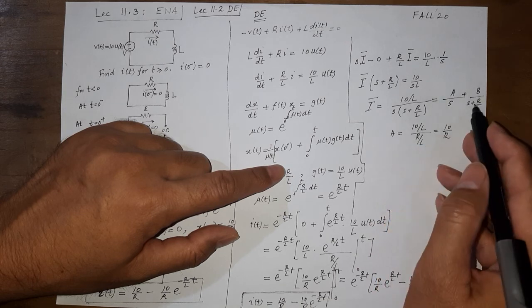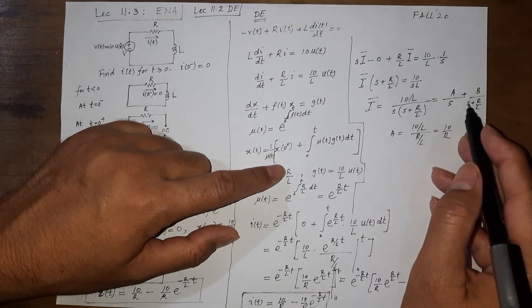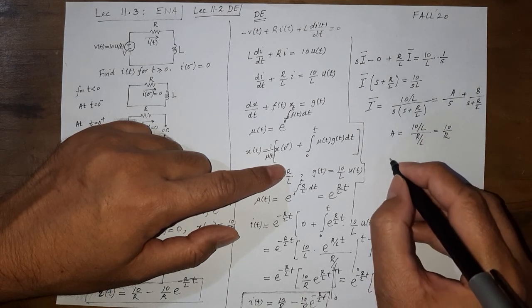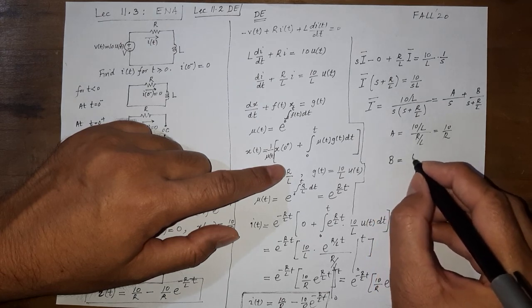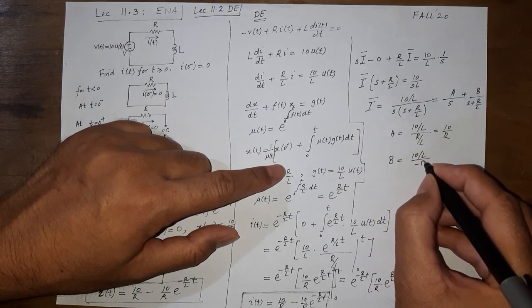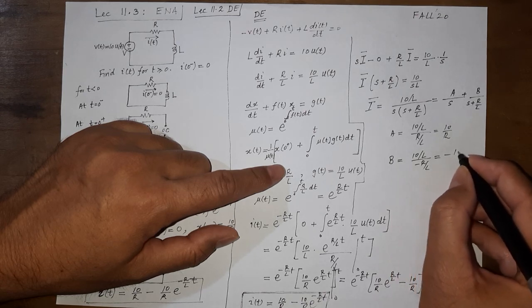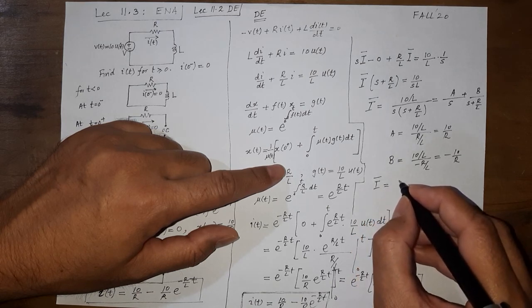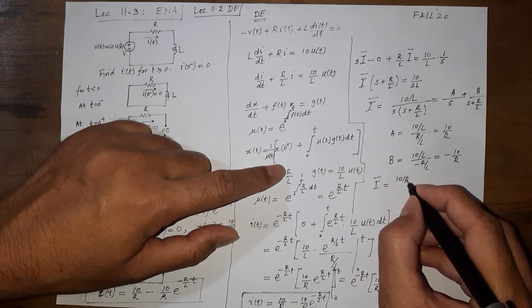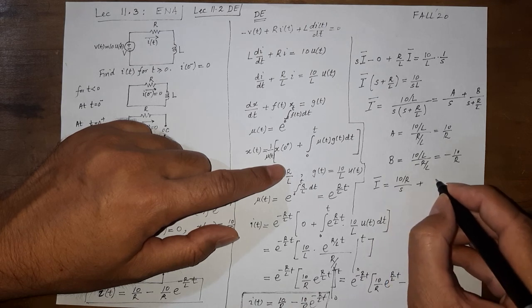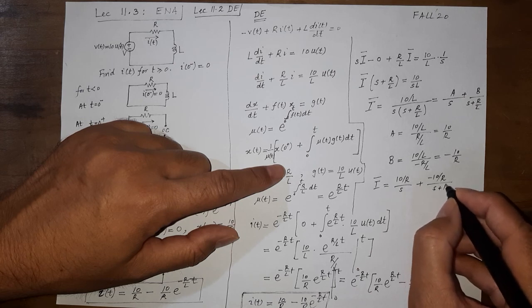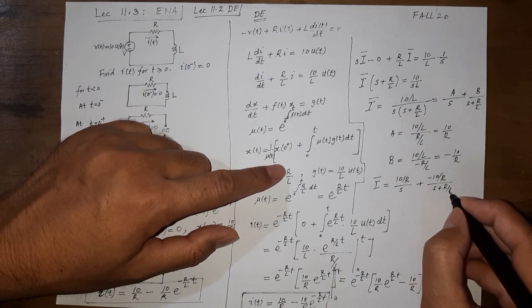And if we multiply by s plus r by L throughout, and then put s is equal to minus r over L, this term will cancel out, and we are going to get B is equal to 10 over L over minus r over L, L by L cancel, minus 10 by r. So what do we get? I bar is equal to 10 over r over s minus 10 over r over s plus r over L.